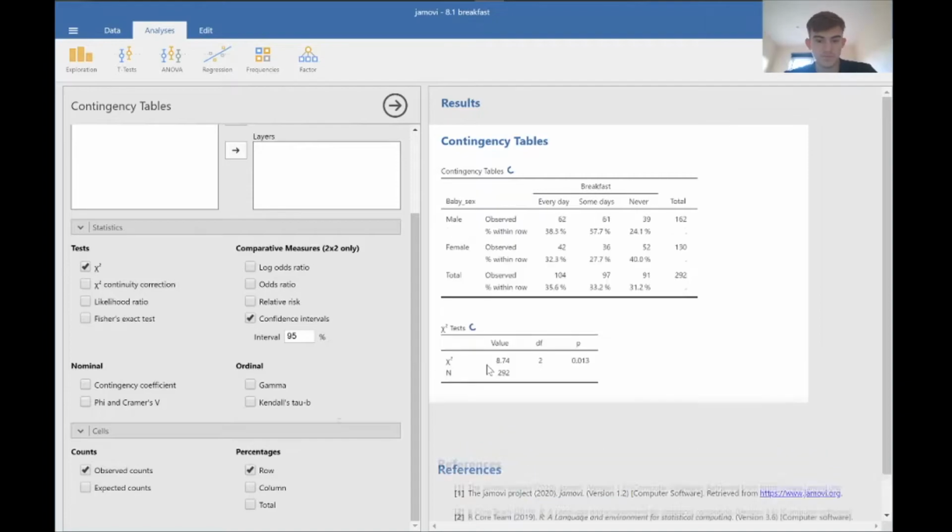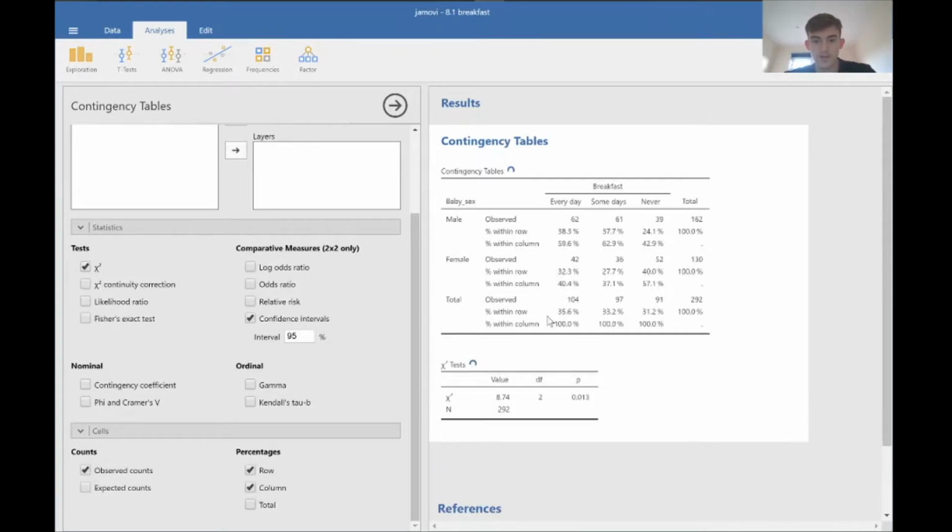If we have row, that will tell you the percentage of males in the row. So of those who had breakfast every day, 38.3% were male, and that's the percentage of the row. We're not really interested in that. But then if we go into columns, that's more interesting.